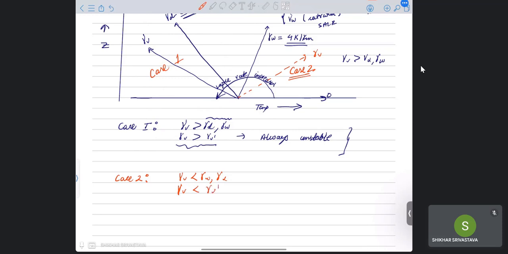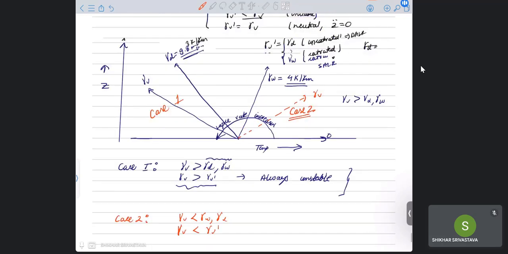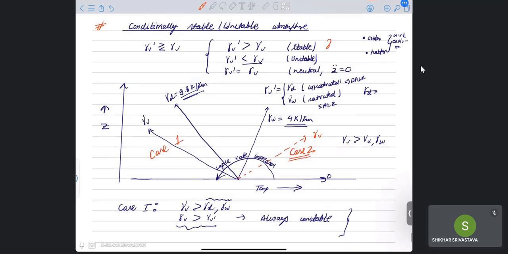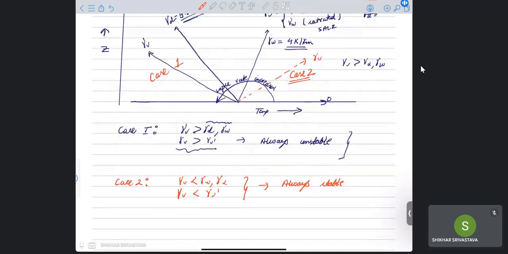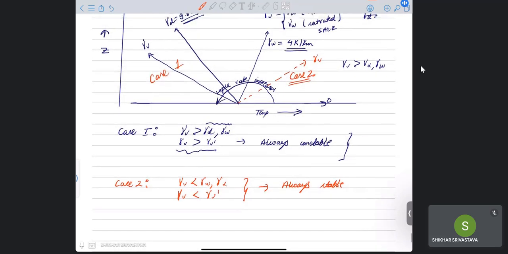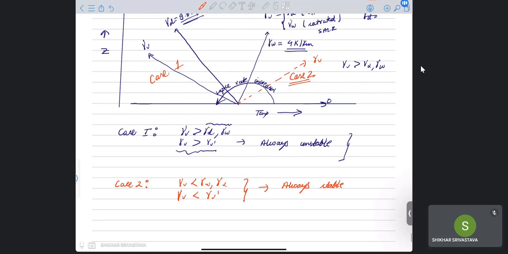So at a given point, it will always be a case of stable equilibrium. So always stable. If your environment's lapse rate is smaller than 4 Kelvin per kilometer, in that case it will always be stable no matter what. So these are two extreme cases.